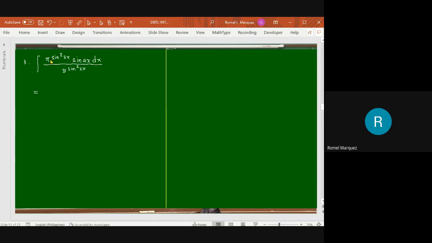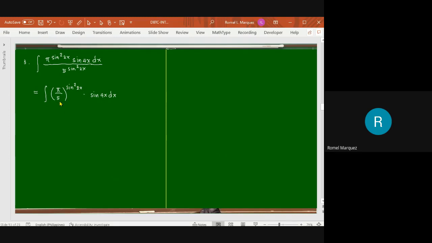Notice that pi and 5 have the same exponent, no? So I can write that as the integral of pi over 5 raised to the common exponent, sine squared of 2x. All we need to verify is if the remaining sine 4x is the differential of this exponent.